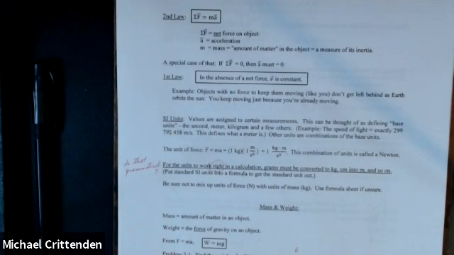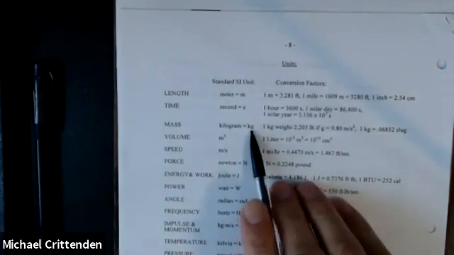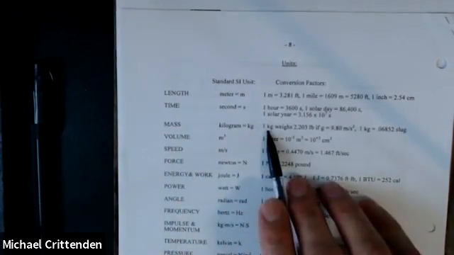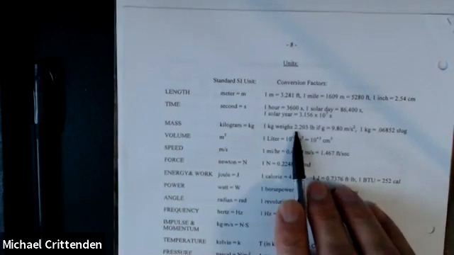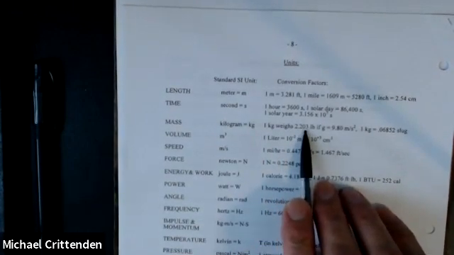Here, again, this is the one that I happen to have handy, but yours would look very similar. I phrased it very carefully. Quite often you'll hear it said a kilogram equals 2.21 pounds.